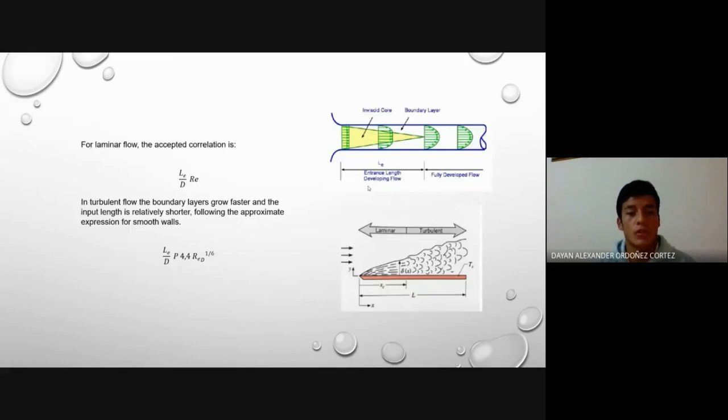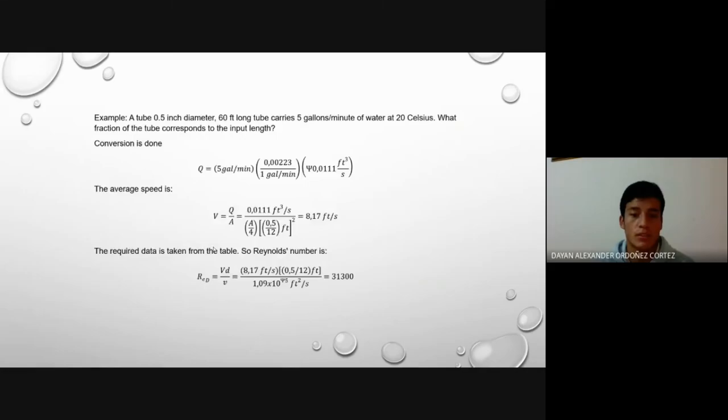For laminar flow, the accepted correlation is this. In turbulent flow, the boundary layers grow faster and the entrance length is relatively shorter; the approximate expression for smooth walls is this.